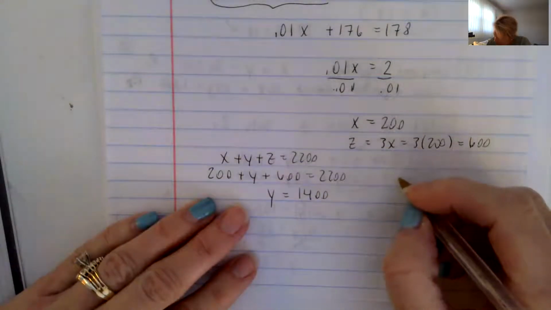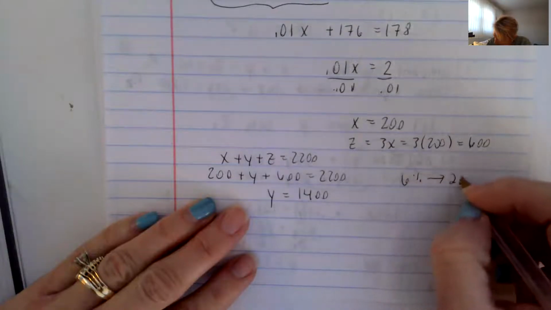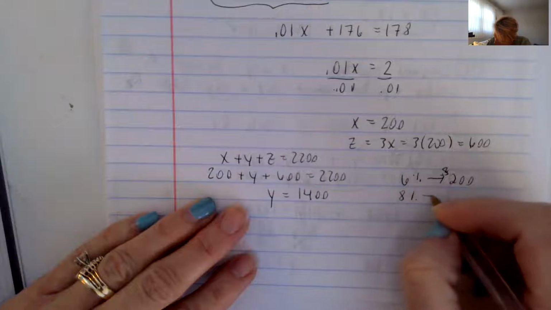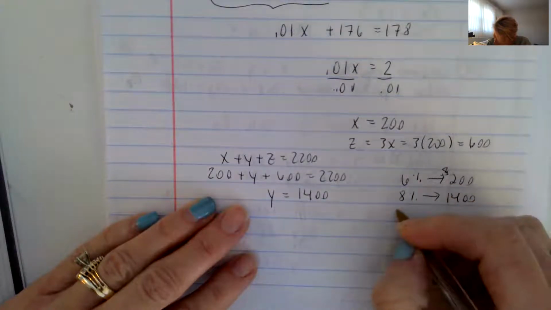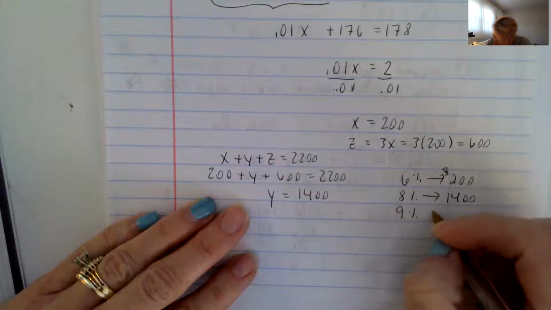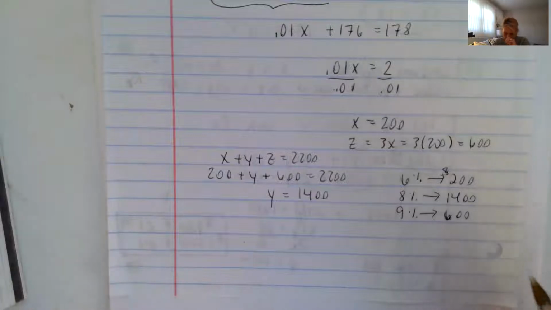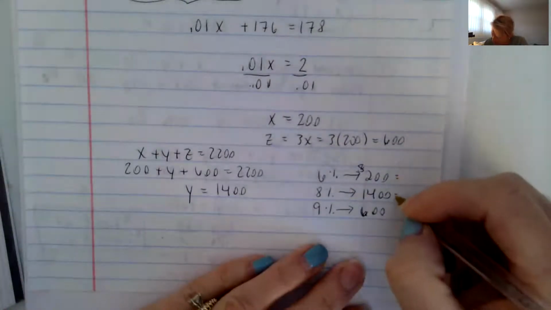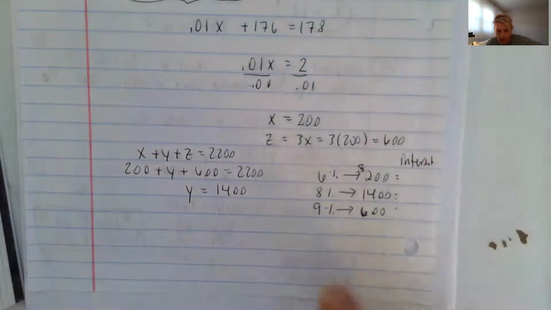So the 6% account must have been $200, and the 8% account must have been 1400, and the 9% must have been 600. And then we can figure out the interest for each, just to double check.